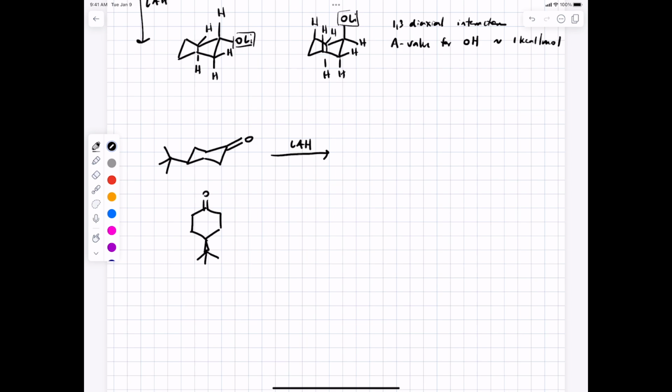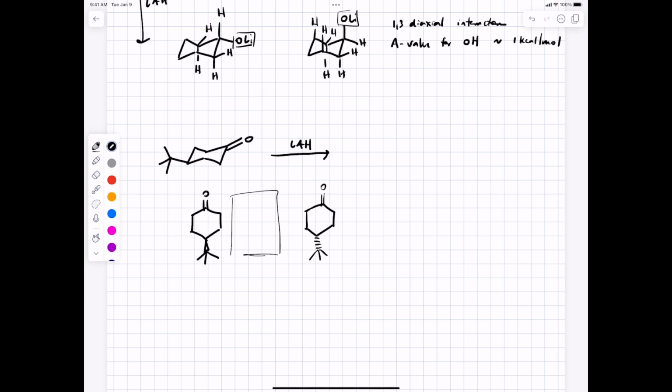Because you do the mirror plane of the ketone and if this page is the mirror plane, right, what's the reflection of that through the mirror? So they're not enantiotopic either.